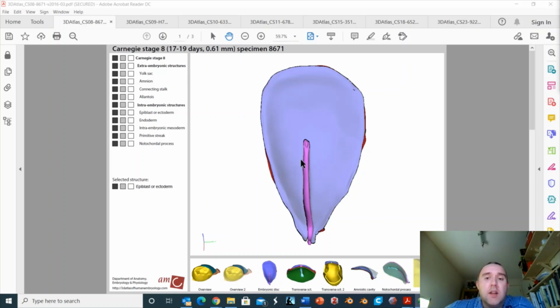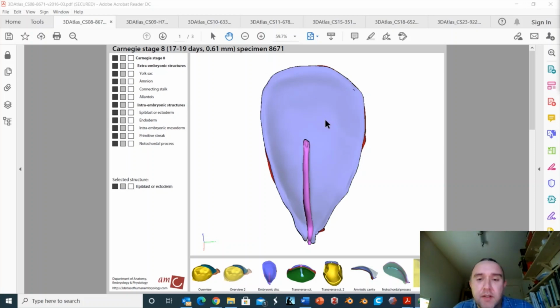And we're looking down at the superior side of this embryo, and these blue cells we're looking at here are the epiblast cells, which will become a number of different cells, but these ones we're looking at are going to become the ectoderm, which ultimately will become the skin and central nervous system of the adult body.